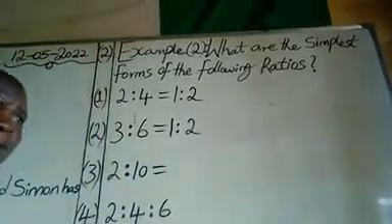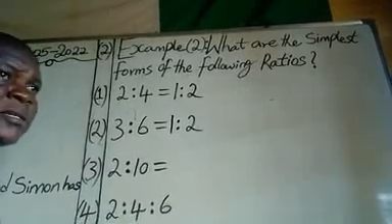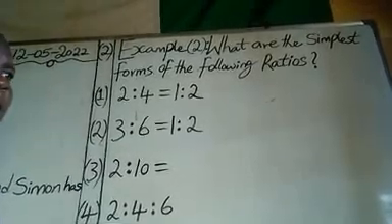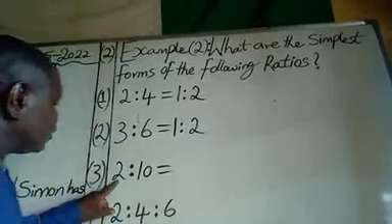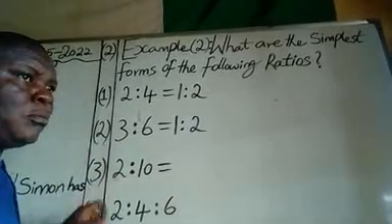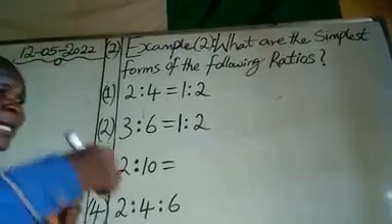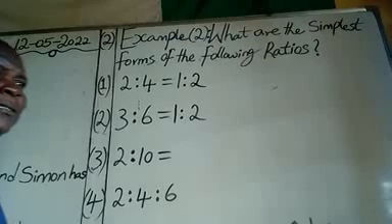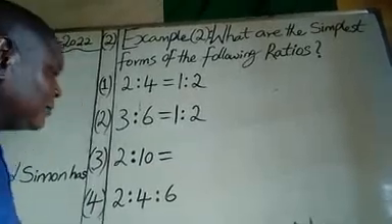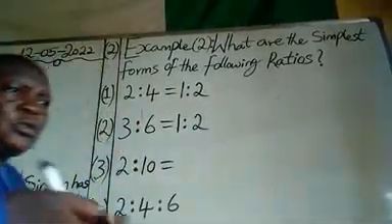I have to select a non-zero number that I can divide 2 by without a remainder, a number that I can divide 10 by without a remainder. Let me select 2.